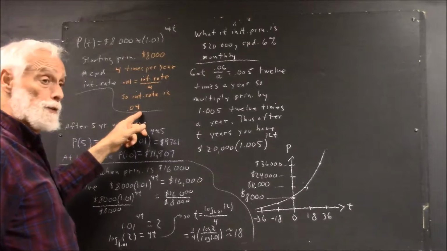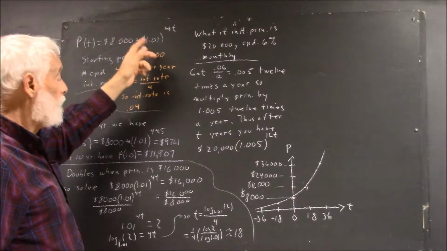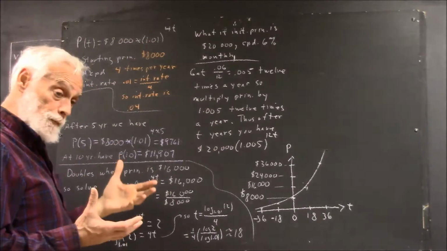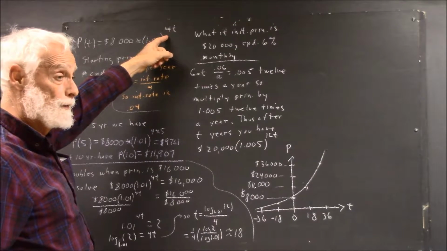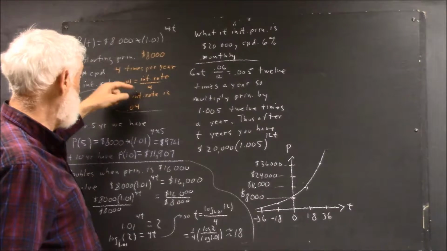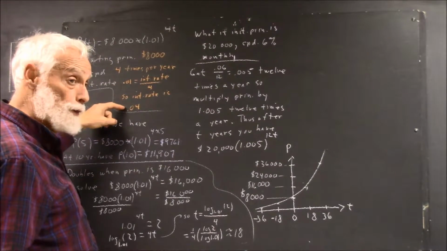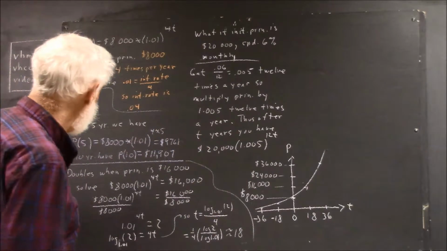In any case, our interest rate is 0.04. So we have 1 plus 0.01, and that represents 4 compoundings per year. We're adding 0.01 4 times a year, so we must have had annual interest rate 0.04, so that when we divide it by the 4 times per year, we get 0.01.